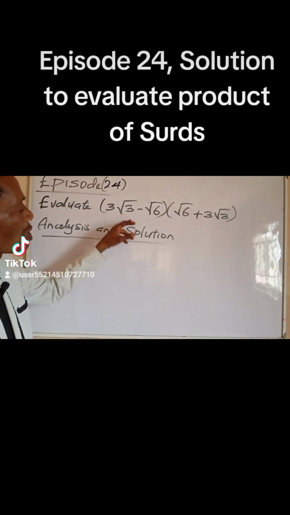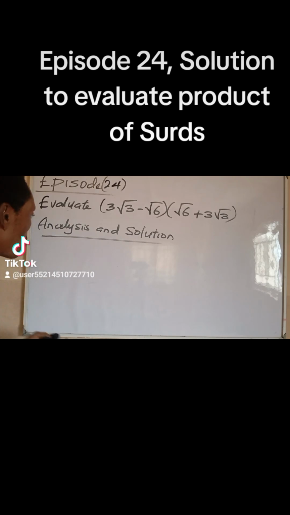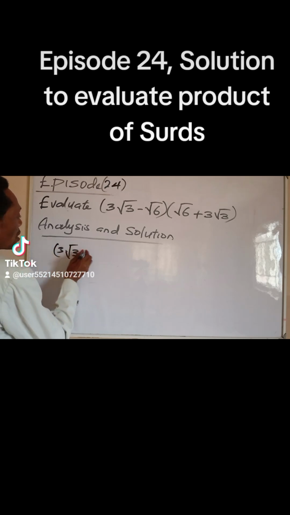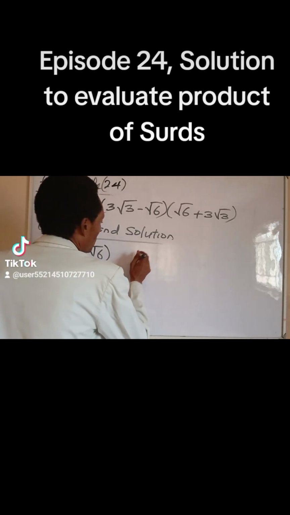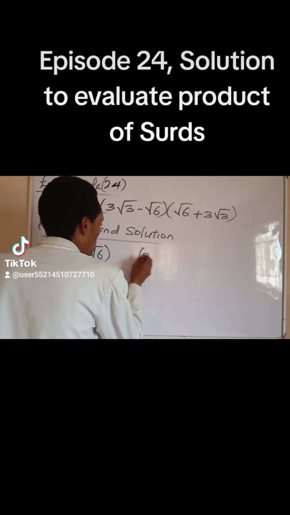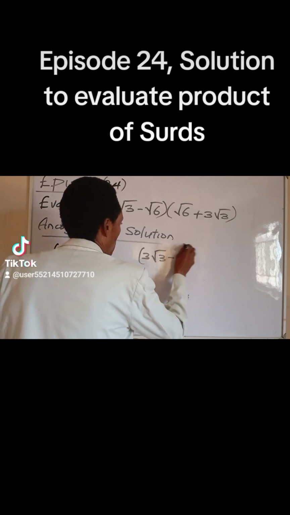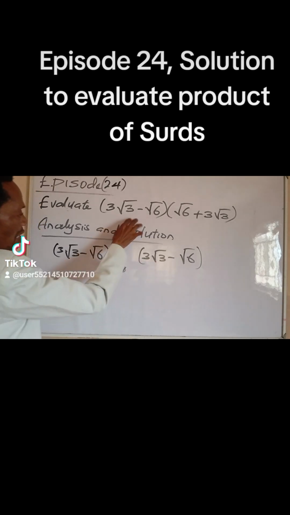Then you can easily multiply with the terms. What I mean is this: I might decide to use this as my common factor. So let me write the analysis and solution. I am using the first bracket as my common factor, written twice.